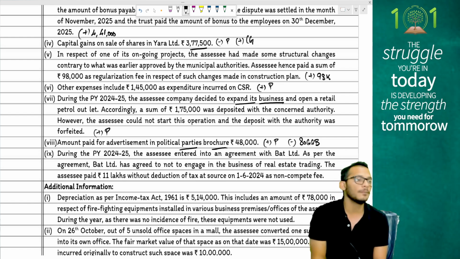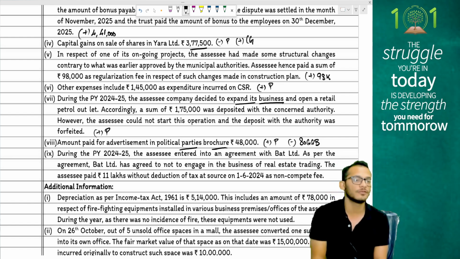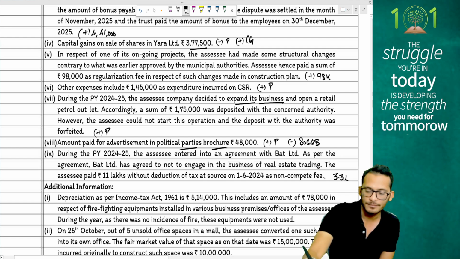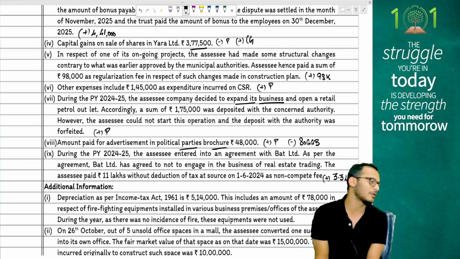Very good. People, non-compete fees is notified under 194J, along with royalty, which means you should have deducted TDS. Making payment without deducting TDS results in a disallowance of 3.3 lakhs for not doing TDS under section 194J.